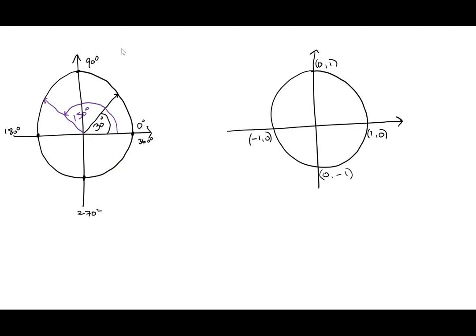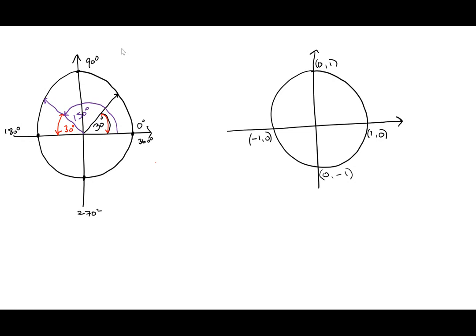So if we deal with this idea of a reference angle for a minute, then the angle 30 degrees, if I'm looking at this circle on the left, this angle of 30 degrees here is the same as this angle here. If I'm taking a reference angle, this one is 30 degrees.